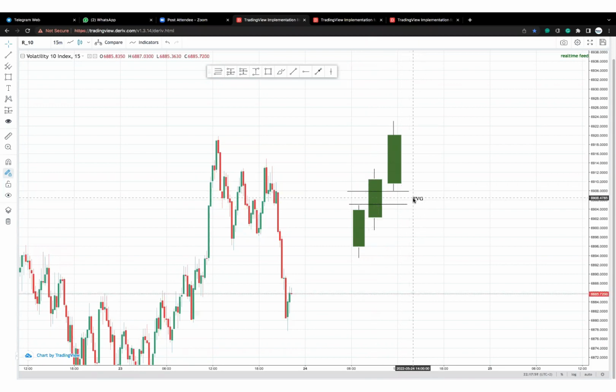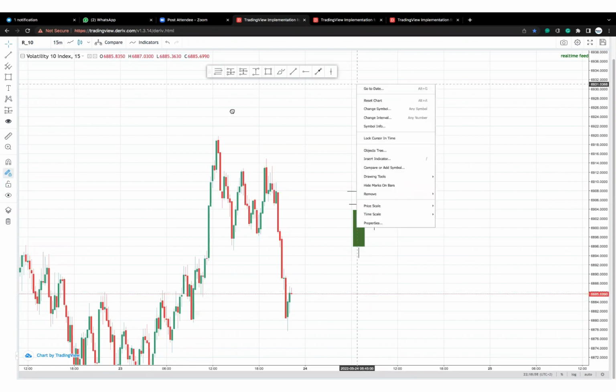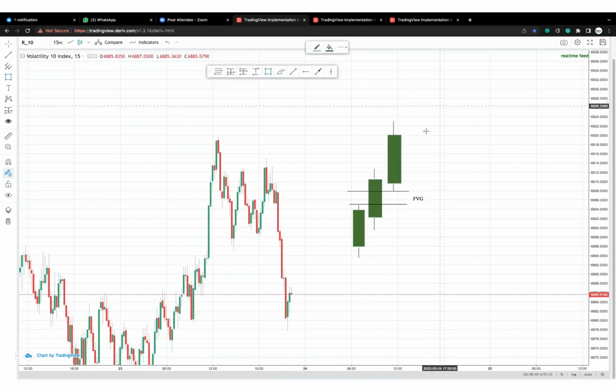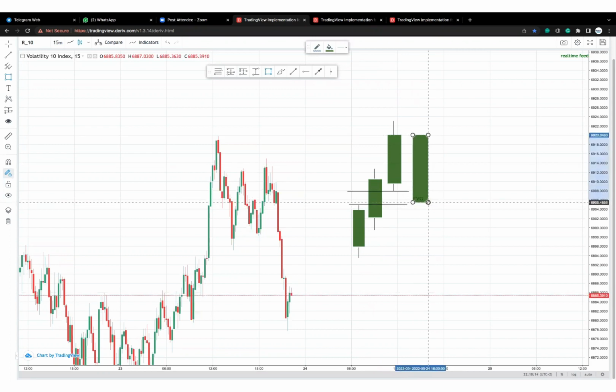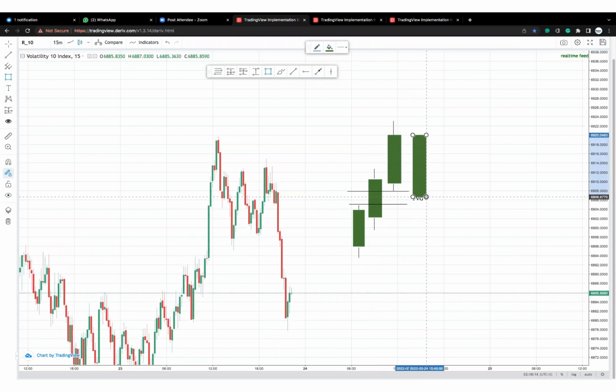Fair value gap. That means for this market to be fair, for it to be effectively delivered, at a future time, price needs to trade back into that range to cover up that space and deliver price effectively. So it means we'll be looking at price to do something like this probably after creating the gap.